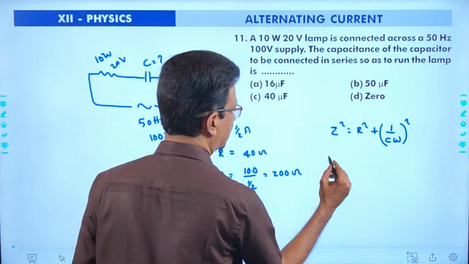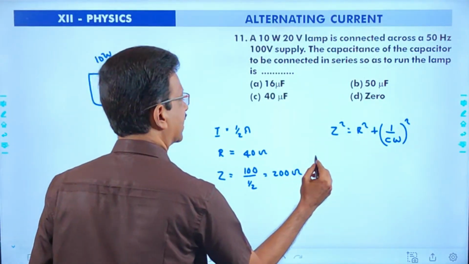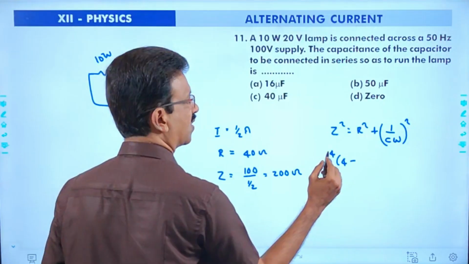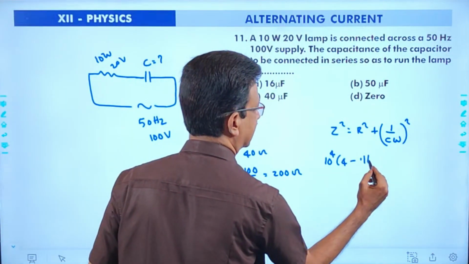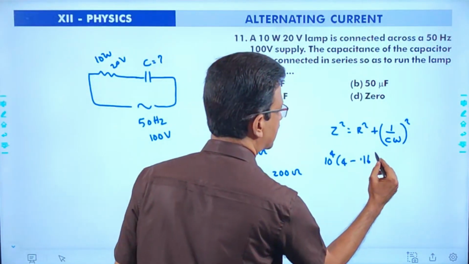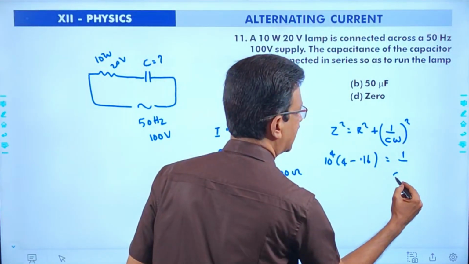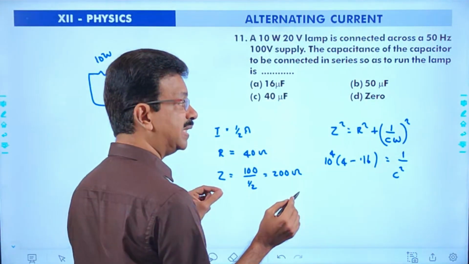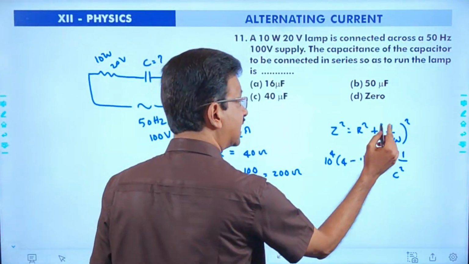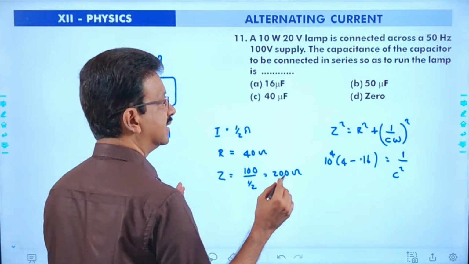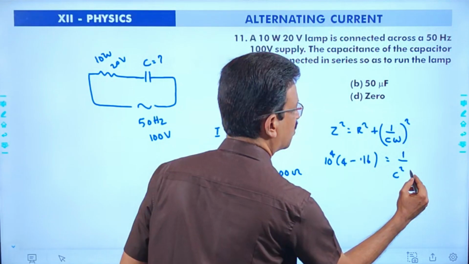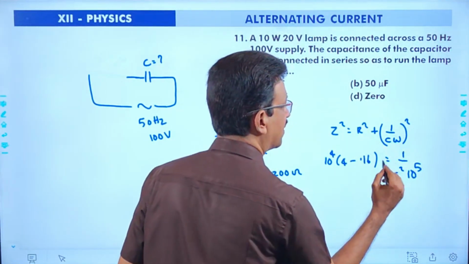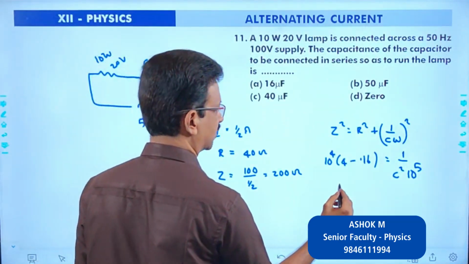Now I am going to substitute: Z square 10 raised to 4 into 4 minus R square 1600, 0.16 into 10 raised to 4 equal to 1 by C square omega square. Omega is 2 pi f; 50 hertz means omega is 100 pi radian per second. Then 100 square is 10 raised to 4, pi square again nearly 10, then 10 raised to 5.